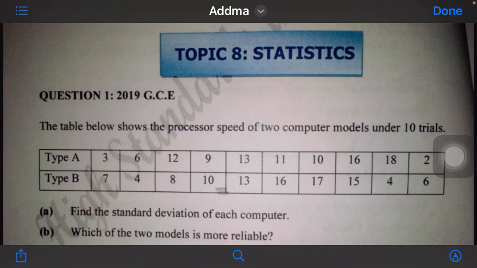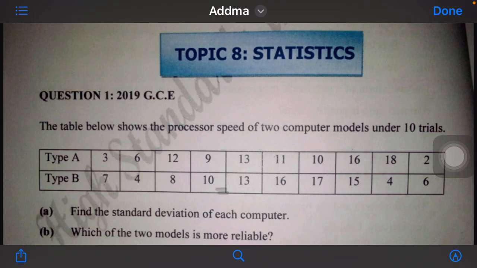In this video, I'm going to teach you how to find the mean and the standard deviation for ungrouped data, and also how to identify which machine is reliable, that is, among the options given, which one is more reliable than the other.